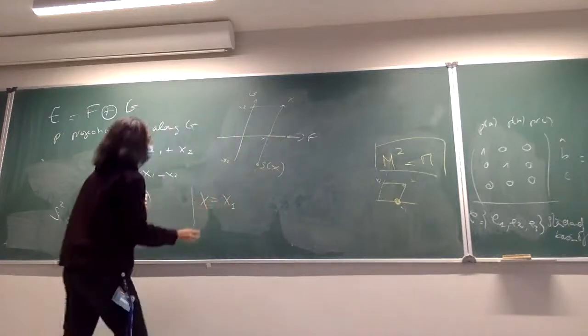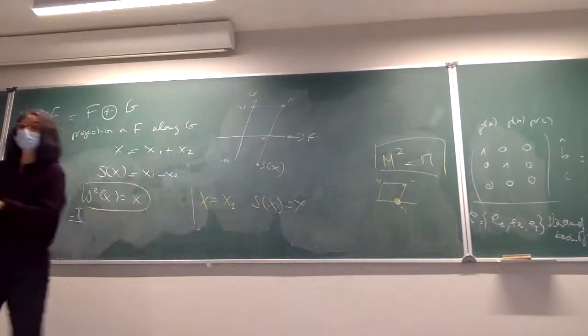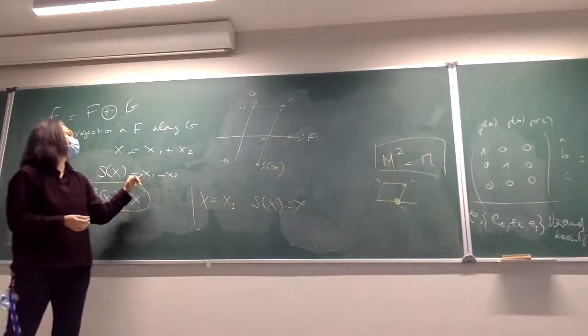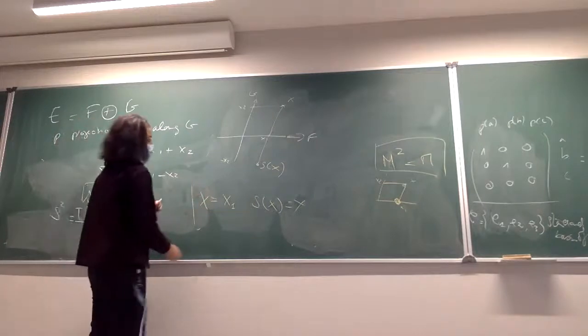So S of X is equal to itself, because S of X is X1 minus X2, but X2 is 0.